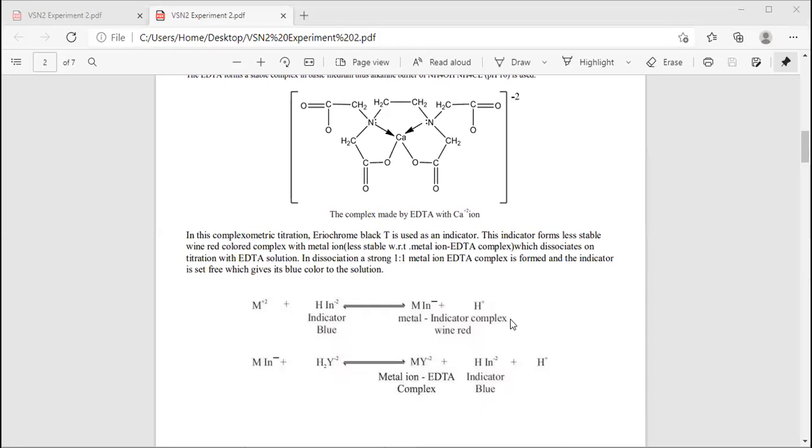Whereas the complexes formed with EDTA are longer lived and colorless, but the indicator is recovered during the titration. Hence the endpoint is wine red to sky blue.